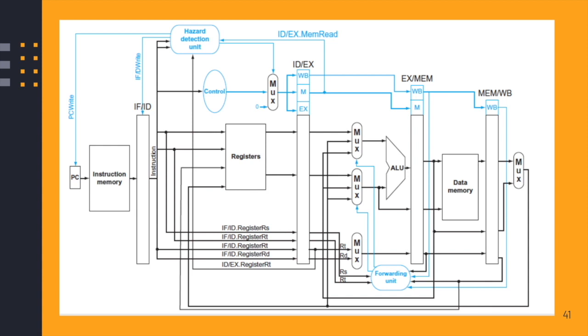And take care, these two outputs are control signals. They will prevent the program counter and the if/id pipeline register from updating, meaning the PC write will prevent the PC from updating, and the if/id write will prevent the if/id pipeline register from updating.